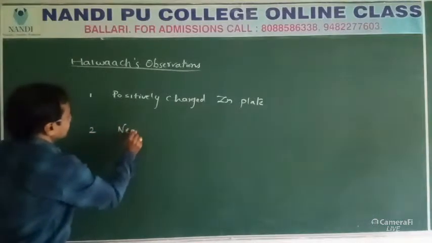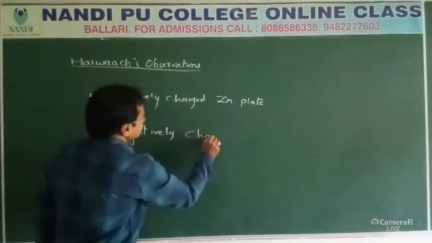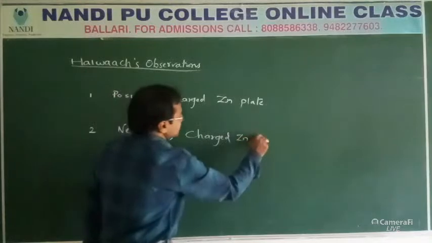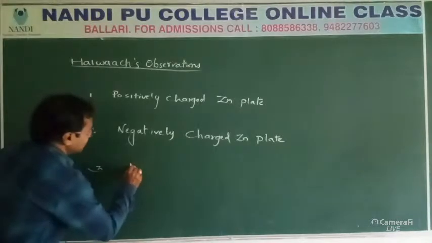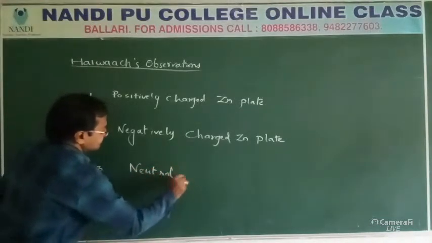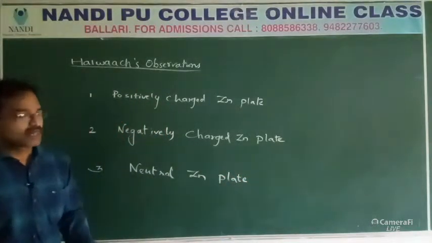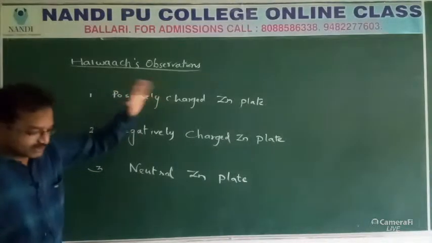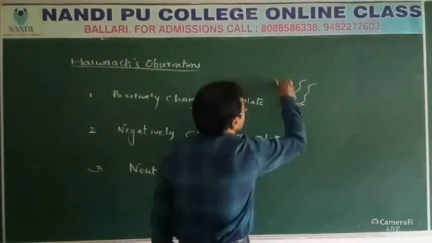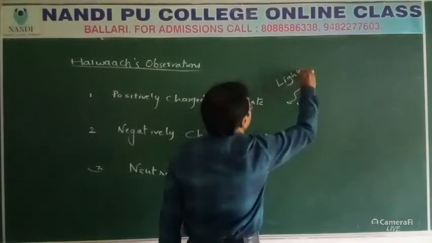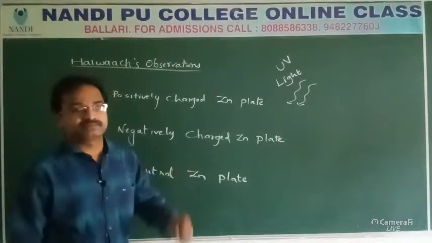Two, a negatively charged zinc plate. Number 3, a neutral zinc plate is taken. Now, when UV light is incident on this, what did Hallwachs observe?